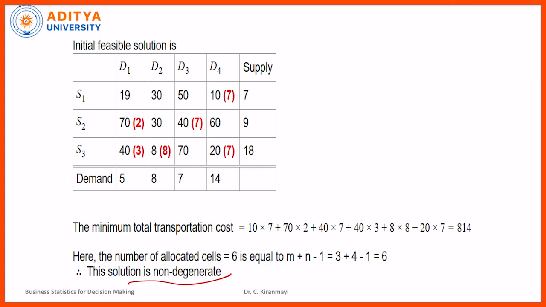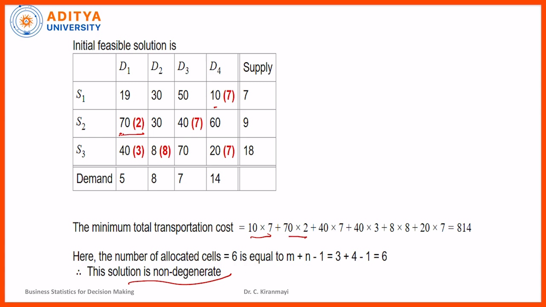Let us find out the total minimum cost according to this allocation. In this first row, we have given an allocation of 7 units and the transportation cost of each unit is 10 rupees. Therefore, 10 into 7, and here 2 units, per unit the transportation cost is 70, 70 into 2.